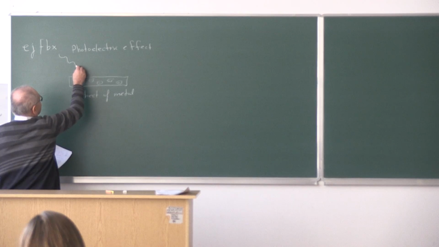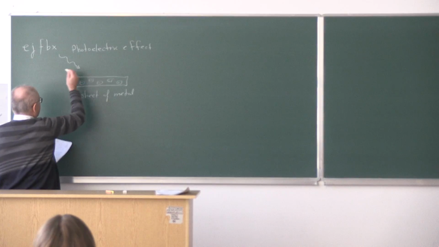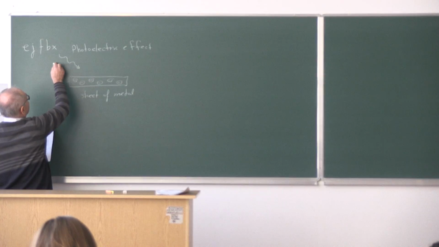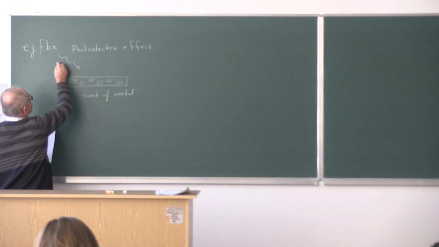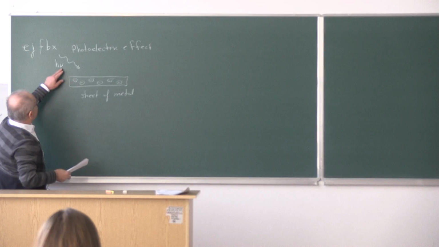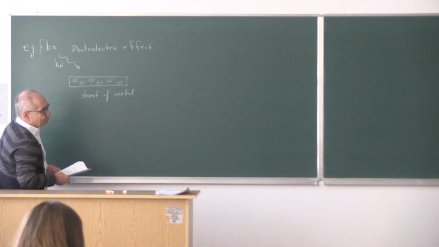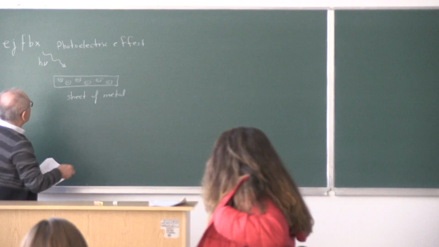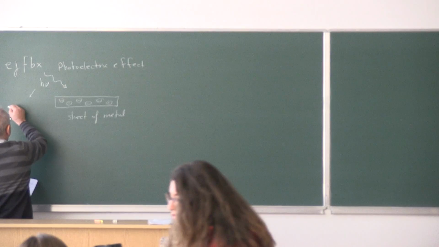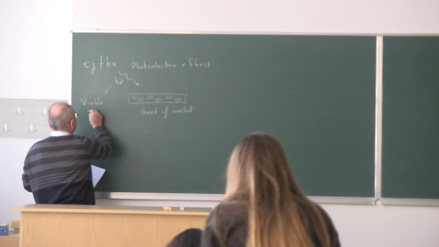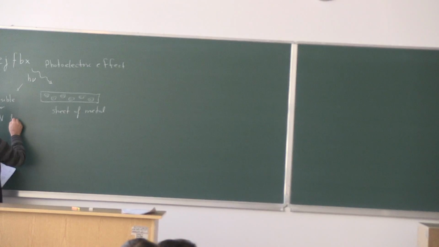So let us indicate by this curvy symbol, light, with some frequency so that the photon energy is h times nu. This is visible or UV light.